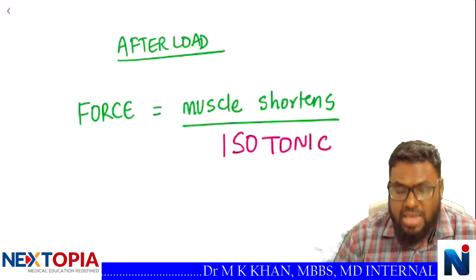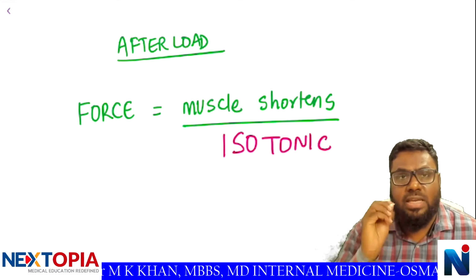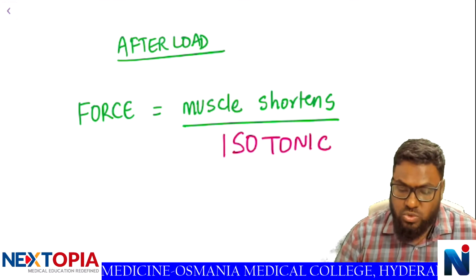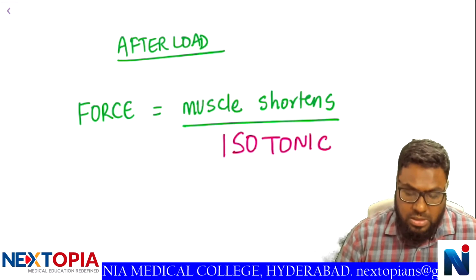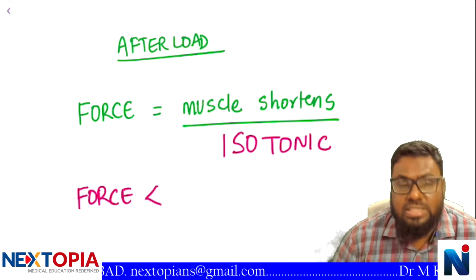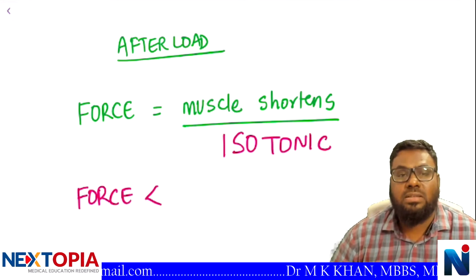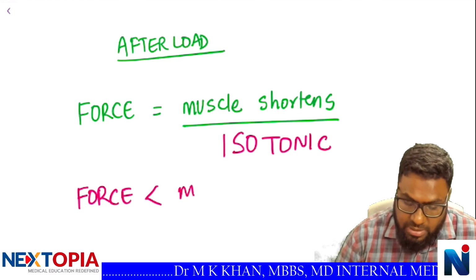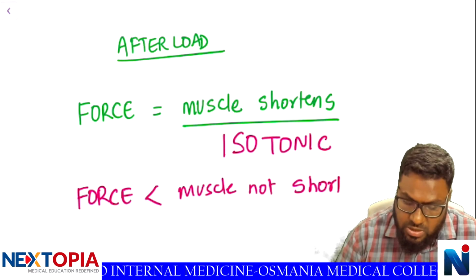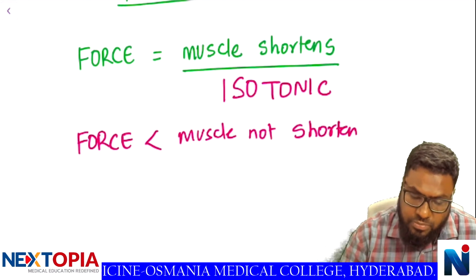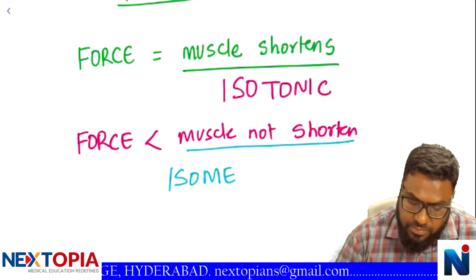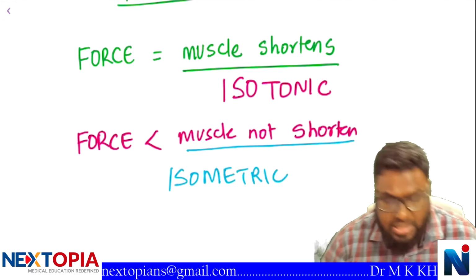Any afterload which is equal to the force required to move the muscle results in isotonic contraction. Say suppose the force generated is less than what is needed to move the muscle. The muscle does not shorten. This is termed isometric contraction.